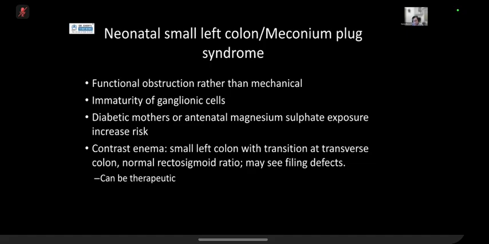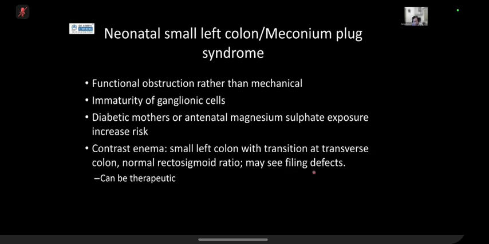And what normally happens is that you see a small left colon, a microcolon, which is narrower than the width of the vertebral body of the patient. Then with a transition point, you have filling defects and you have a normal recto-sigmoid ratio. And that's because if it's abnormal, you're thinking of Hirschsprung's disease.